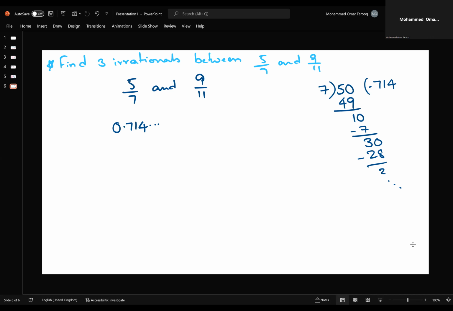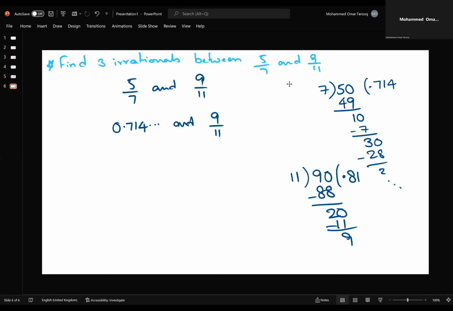And what is 9 by 11? Let us see. 9 divided by 11. 11 doesn't divide 9, so put a point and 0. 11 8s are 88, 2 is the remainder. 0. 11 1s are 11, 9 is the remainder.